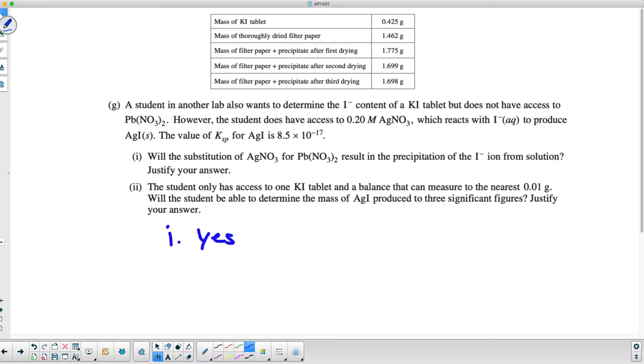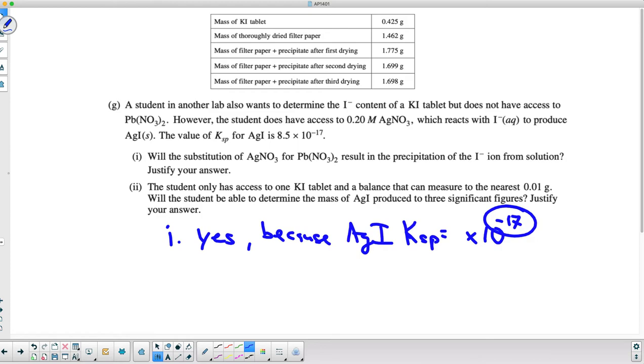You can substitute because the AgI Ksp is equal to 8.5 times 10 to the negative 17. This negative 17 is very low, which means that most of the AgI will exist as a solid.